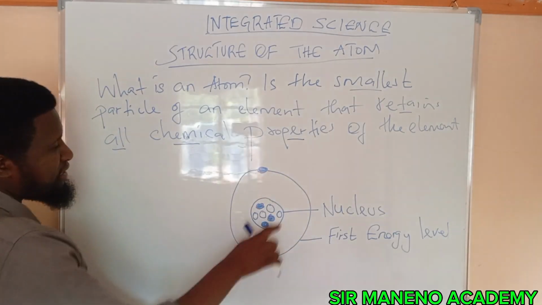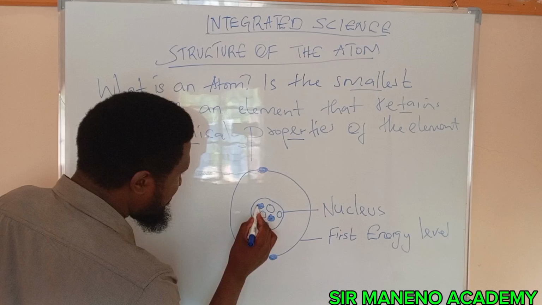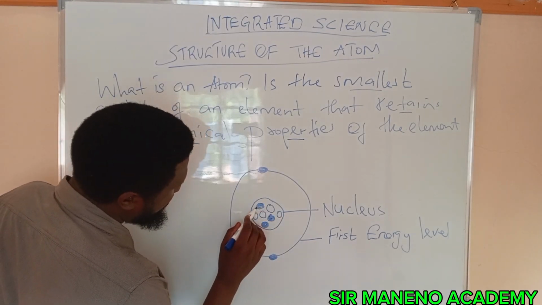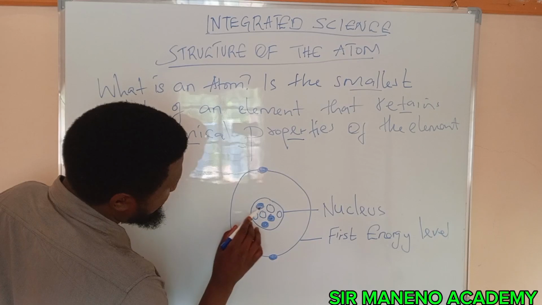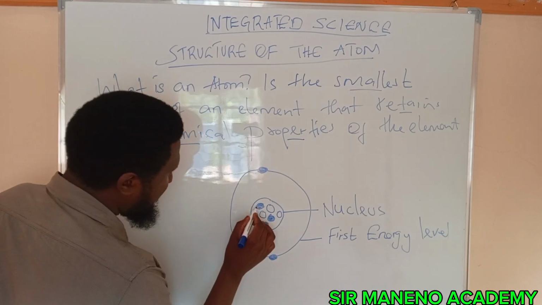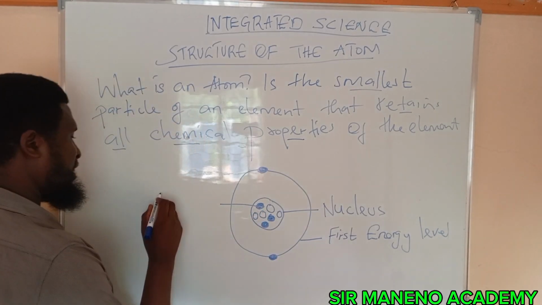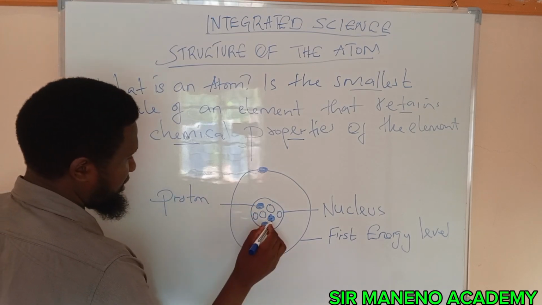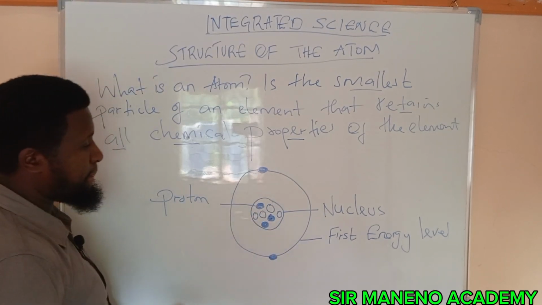Now, if you look inside this nucleus, we have two subatomic particles. One subatomic particle, you can see is colored, another one is not. So the colored one is proton. So we have several protons here.